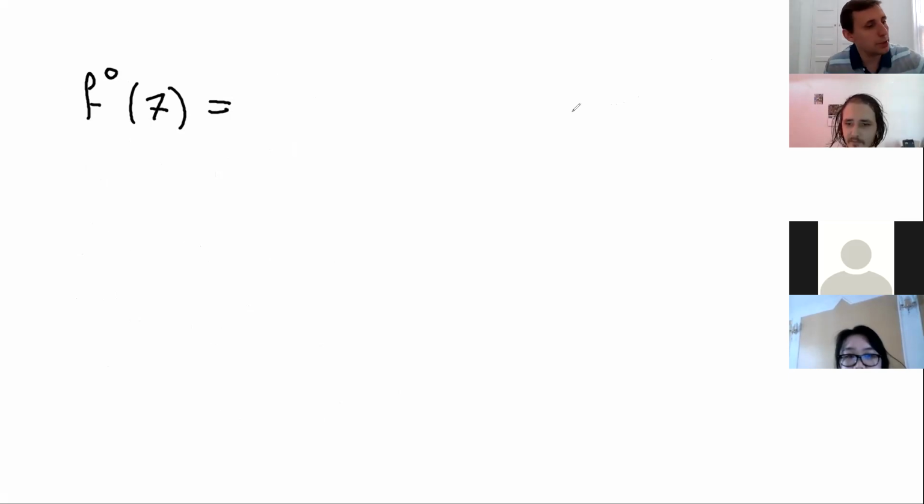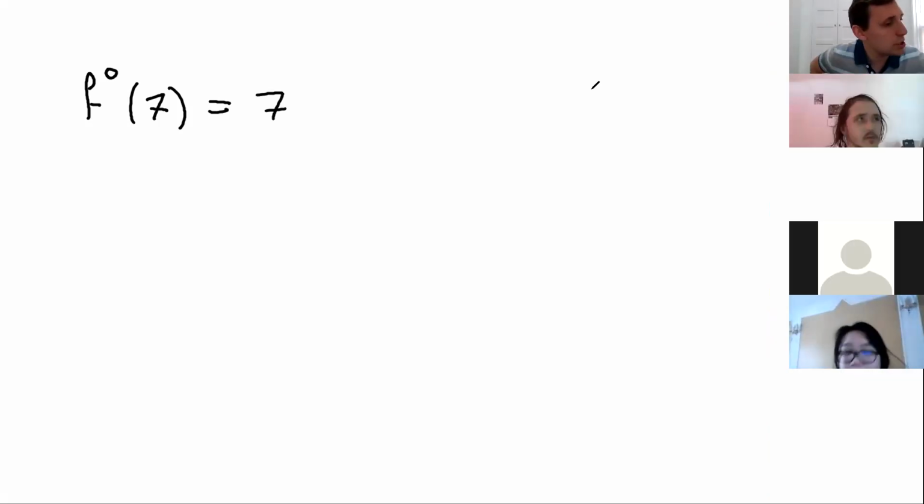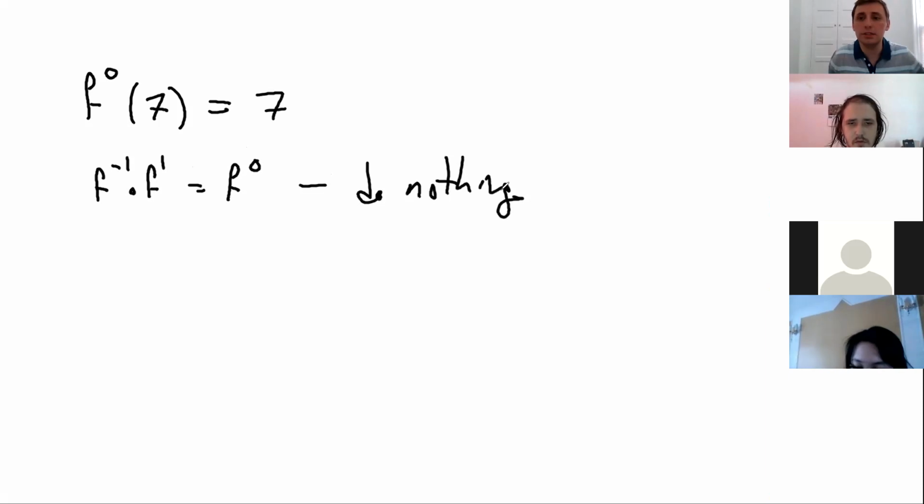The answer is 7 because it means apply the function 0 times to 7. Good. So the answer is simply don't do anything. It's the identity. Understand? So that's why the notation f inverse composed with f, which is f to the 1, should be f to the 0, which means do nothing, because you canceled one application of f whenever that's possible.